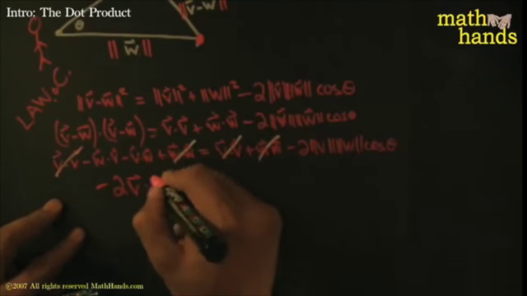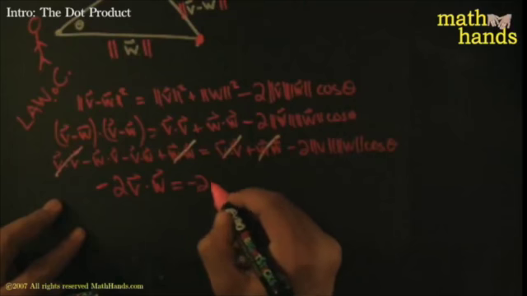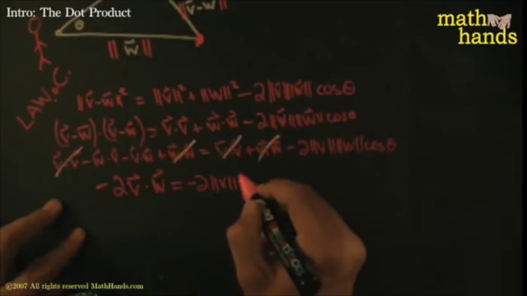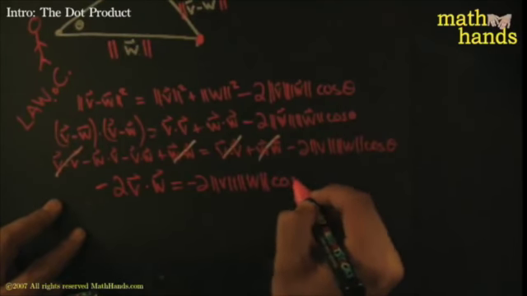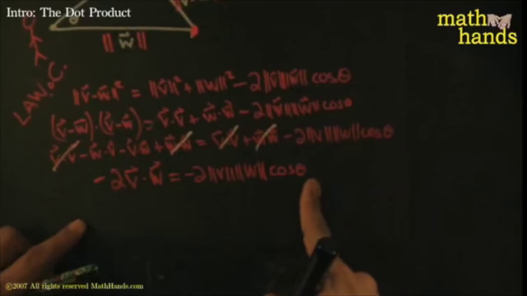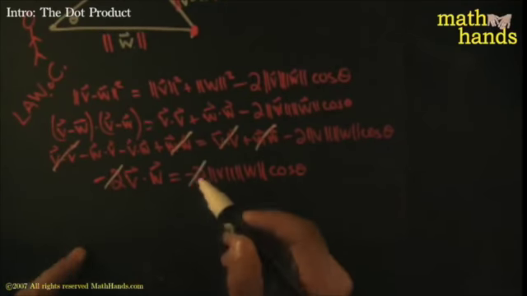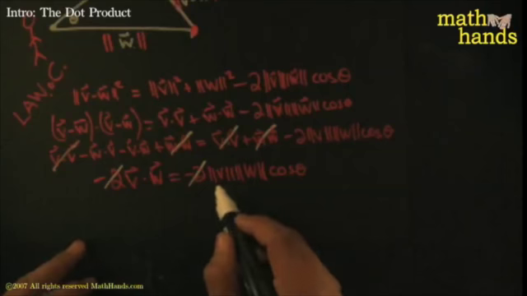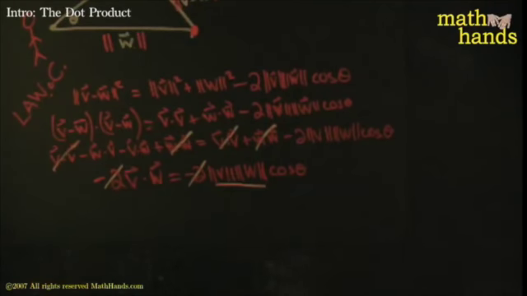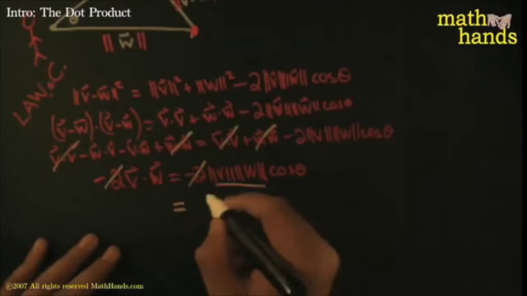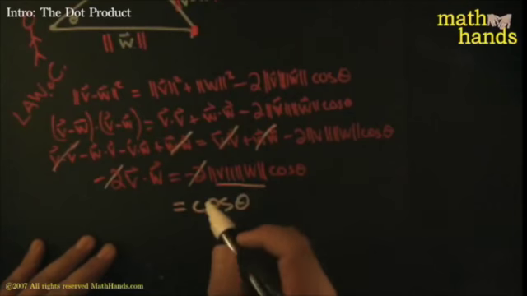This one, if you turn it into the language of dot products, would just be v dotted with v. This one would be w dotted with w. And this one, you can't do much. Just leave it as norm of v and norm of w times cosine theta.